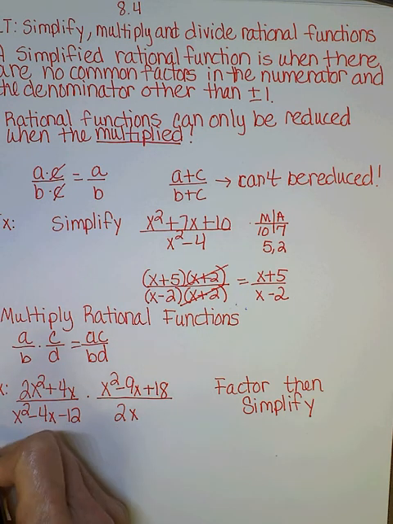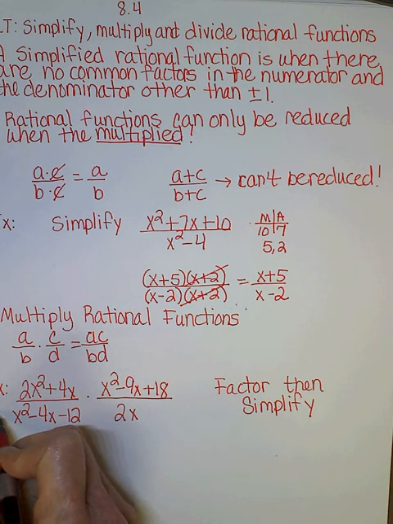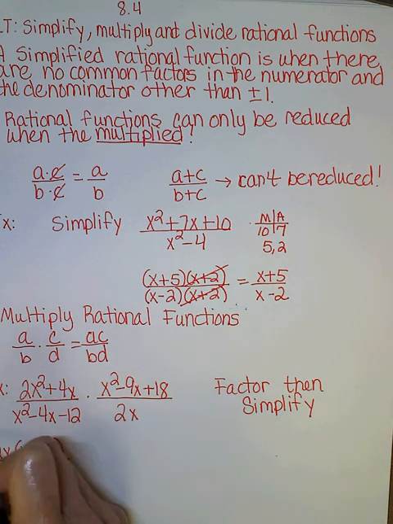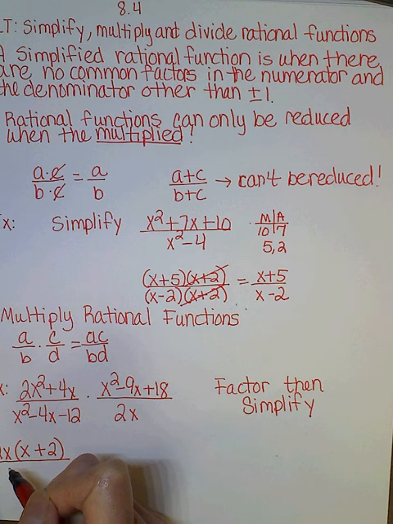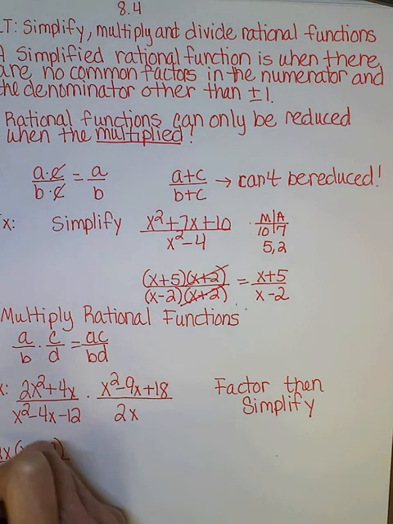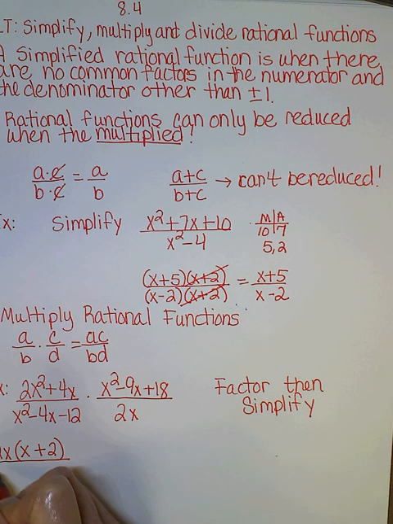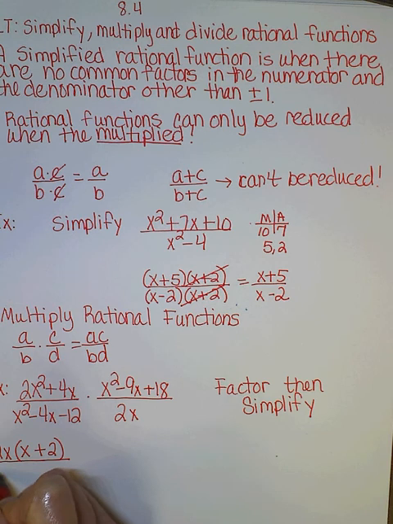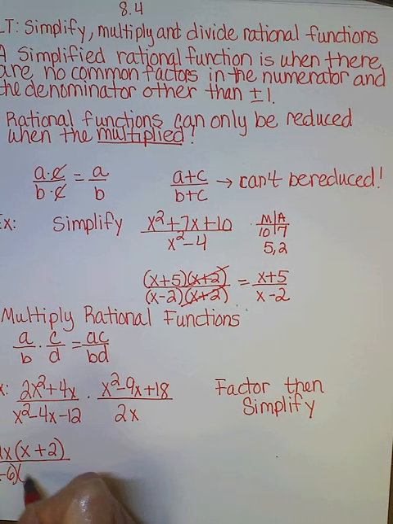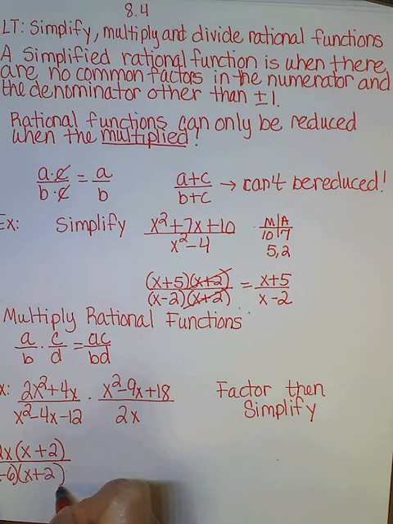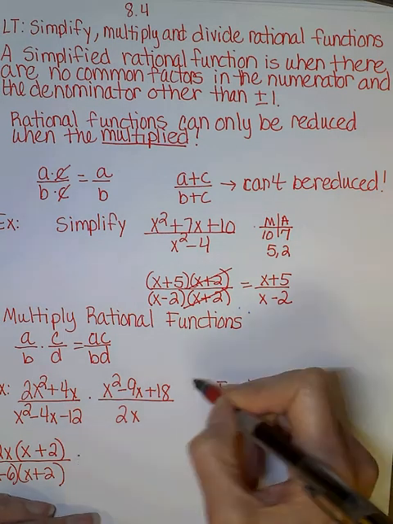two numbers that multiply to be negative 12 and add to be negative 4 would be negative 6 and positive 2. That would work. Alright, so I'd have x minus 6 and x plus 2. And let's keep factoring before we reduce.